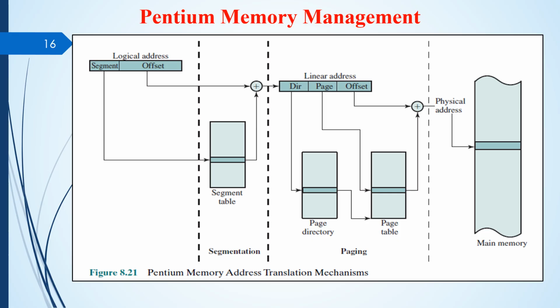In summary, in Pentium systems, memory translation follows the path: logical, linear, and physical address. Segmentation handles logical organization, while paging manages physical memory access. The TLB ensures that these extra steps do not significantly reduce performance.